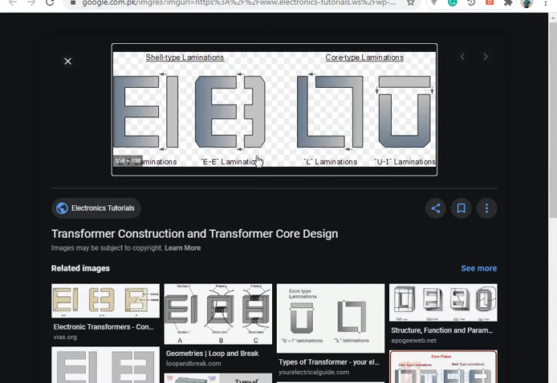The EI or EE can be used for a shell type transformer, because the windings are going to be in the center. And with the LL or UI shape, the windings are going to be on this side and this side, and on this side and this side. So there are different ways over here. You can make it either with these laminations or core type laminations.